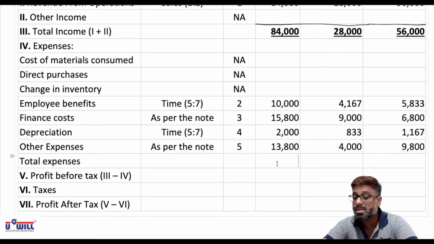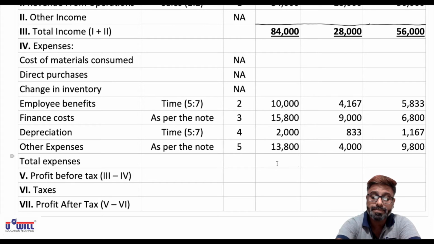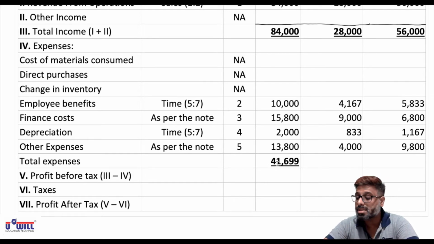Now total expenses: 10,000 plus 15,800 plus 2,000 plus 13,800, that comes to 41,600. 4,167 plus 9,000 plus 833 plus 4,000, that is 18,000.